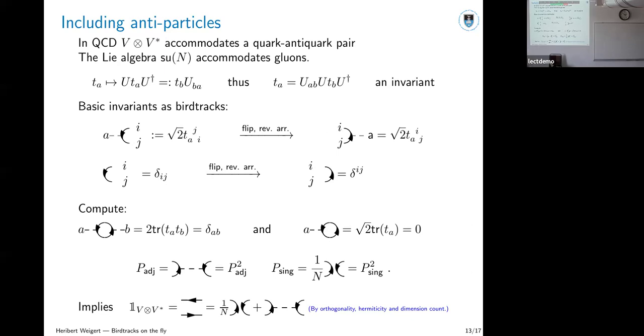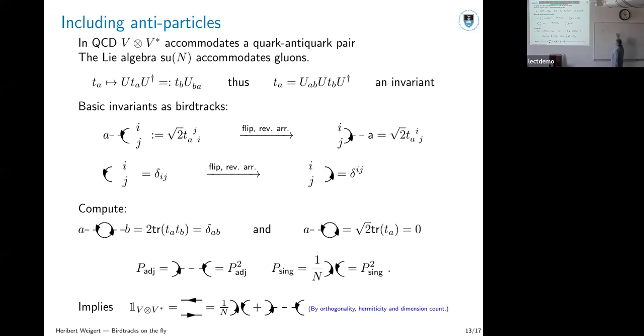Once I know these two things, I can write down objects like this and immediately verify, oh, this is a projection operator. I can write down this object with a factor 1 over n here and immediately verify that's a projection operator. Because if you stick two of these together, well, okay, let me just write it on the board for a second. This one is really easy to do. I'm just squaring this.